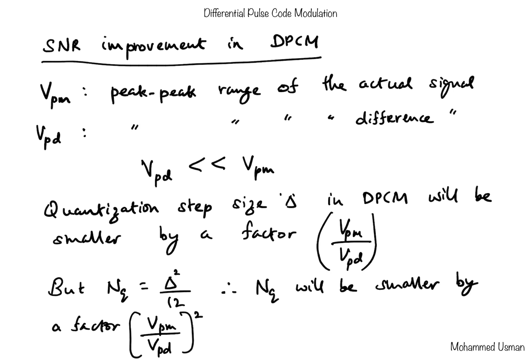The average quantization noise power in differential pulse code modulation will be smaller by a factor VPM by VPD the whole square. So this advantage, this reduction in the quantization noise power that we get, is called the processing gain of DPCM.